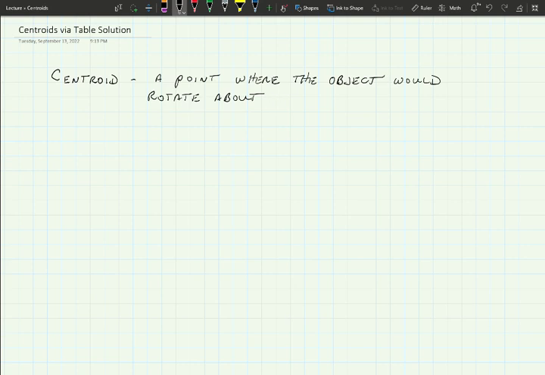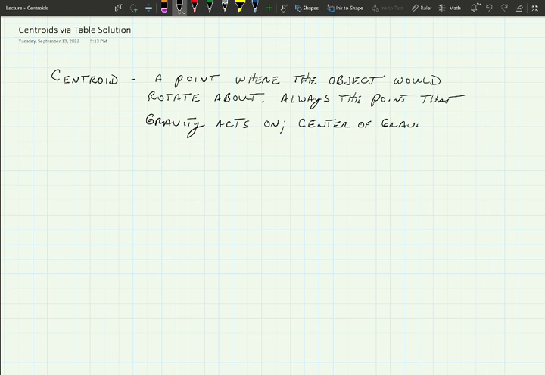First part is it's a point where the object would rotate about. It's always the point that gravity acts on, and that's called the center of gravity.